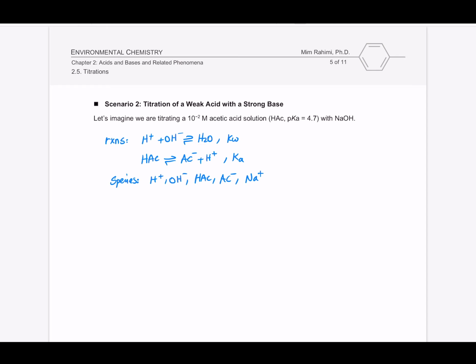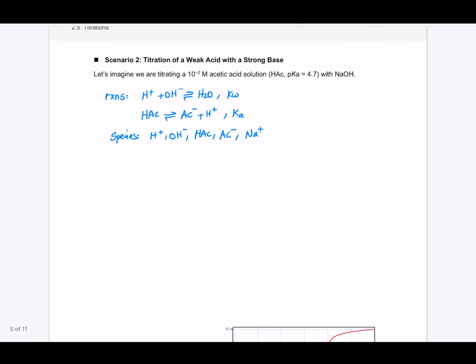So now we can do a little bit of mass balance. Eventually, what we want to do is simplify the charge balance, so the best approach is going through mass balance, and we want to use alpha. Alpha 0 is HAc, the most protonated version, over the total Ac, which is a known value.